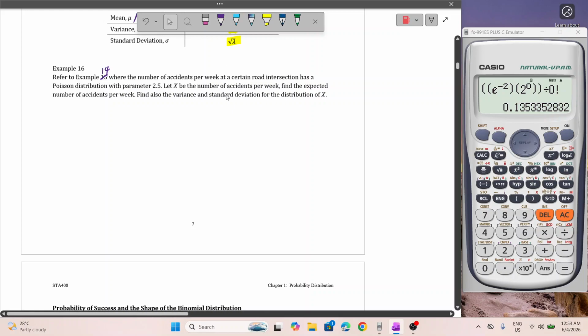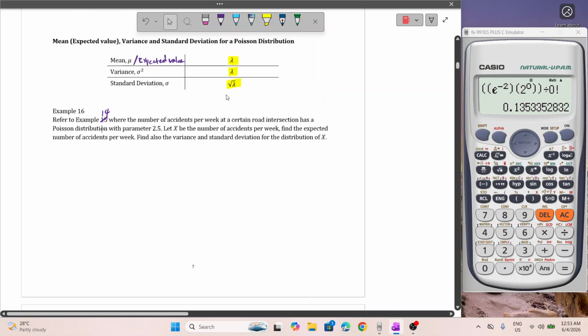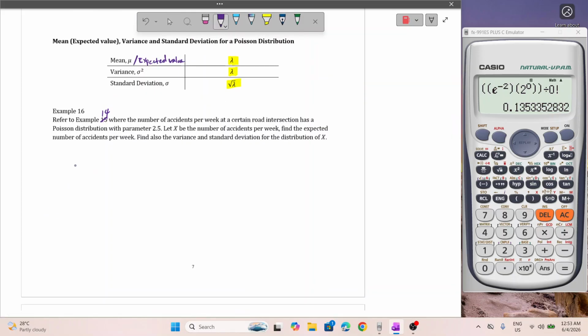So you can use what has just been given to us. The mean, or the expected number of accidents, is equal to lambda, which is equal to 2.5. The variance is also equal to lambda, which is 2.5. Do not forget the symbol.